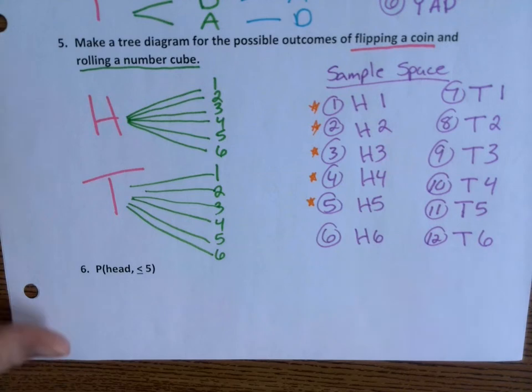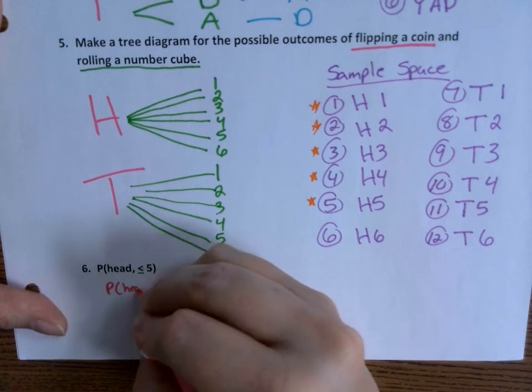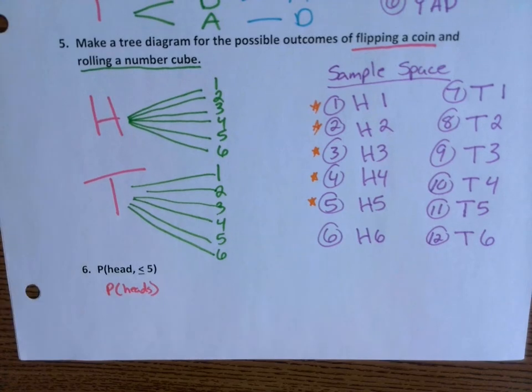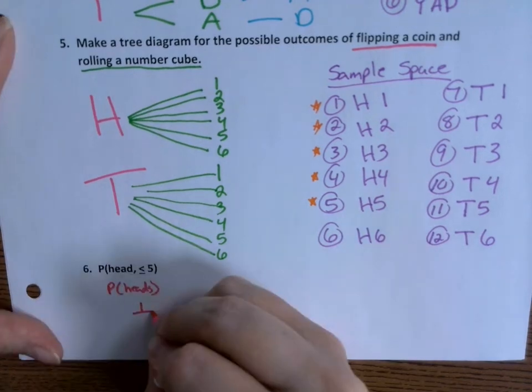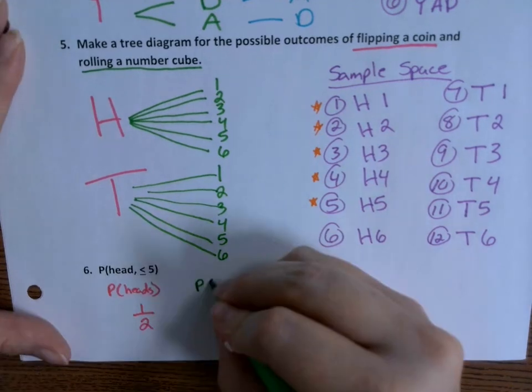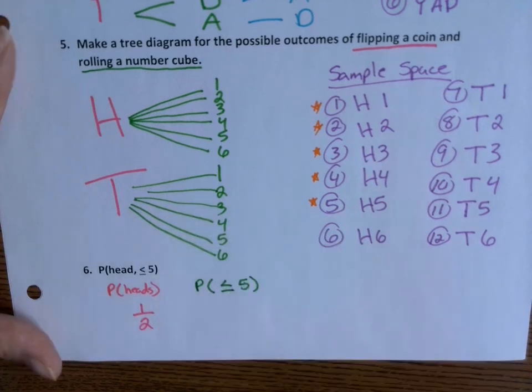What's the probability that it's going to land on heads? What's the probability a coin lands on heads? 1/2, right? 1 out of 2. What's the probability that I'm going to roll the die and it's going to land on a number that is less than or equal to 5? 5 over 6.